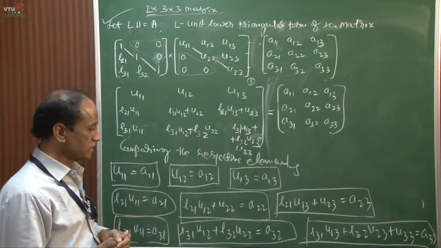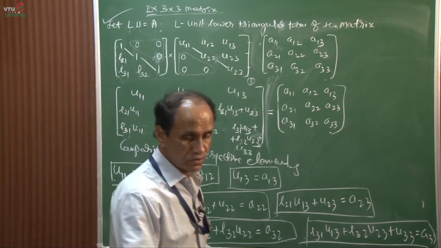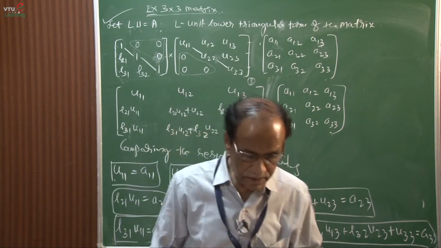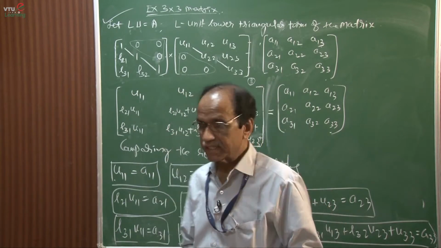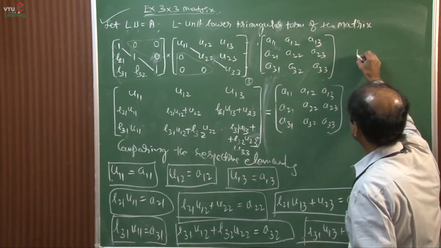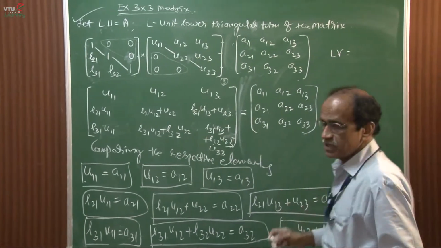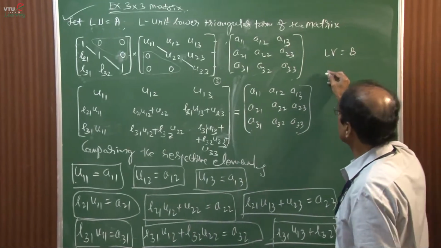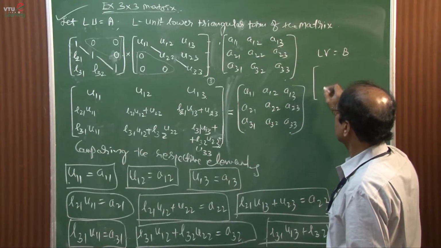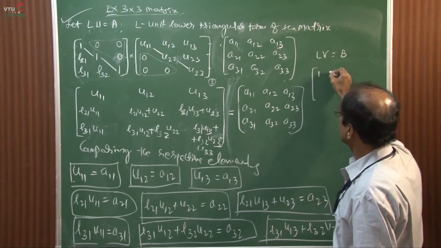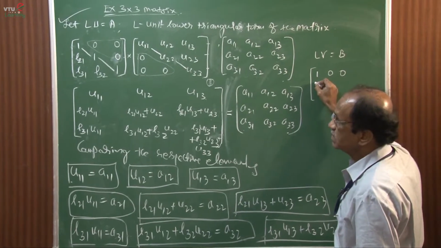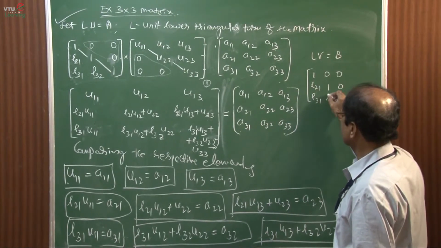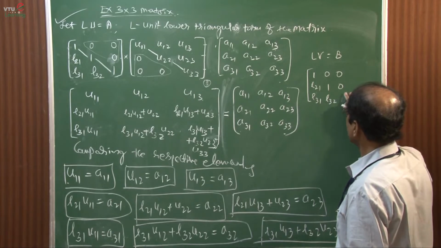we have equated it to this matrix. The next step, according to the working steps I had given, is, after calculating these values, L into V is equal to B. L means unit lower triangular, that is 1 0 0, L21 1 0, L31 L32 and 1.